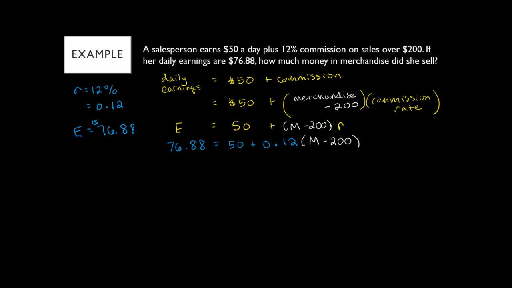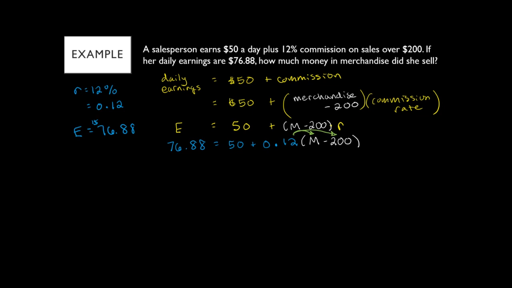Okay, so I've modified our formula so that we're subtracting away the 200 that we're not earning commission on. And that's indicated by, in parentheses, M minus 200. So our solving here is slightly different because we need to distribute first. Anything you need to multiply or distribute happens before you start doing things on both sides of the equation. So I need to multiply the 0.12 through my parentheses here.